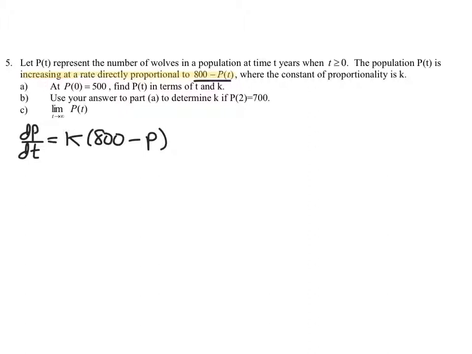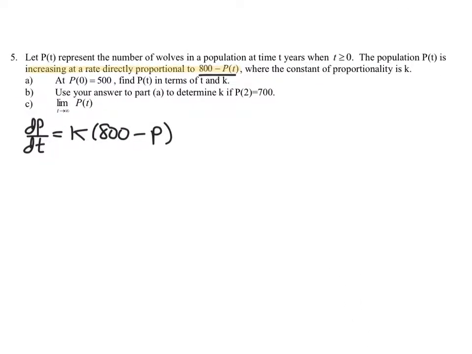Now they give us some conditions, and we'll handle those conditions. But this goes back to page 34 of the packet, so it's paying off something I said a while ago. We did a bacteria growth population problem with that entire preamble: population is increasing at a rate directly proportional to demand.